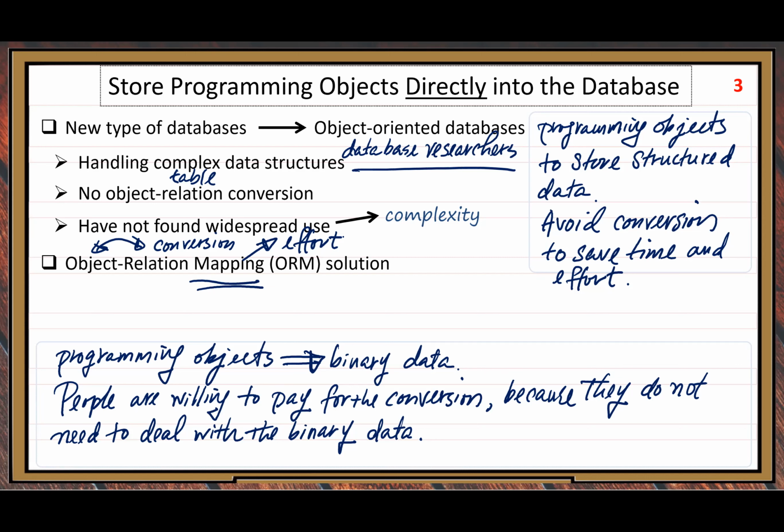Object relation conversion is done by the ORM tool automatically. That mapping, we don't want to do in a manual way, right? Tedious work, although we can, but it's not productive, and it's error prone.